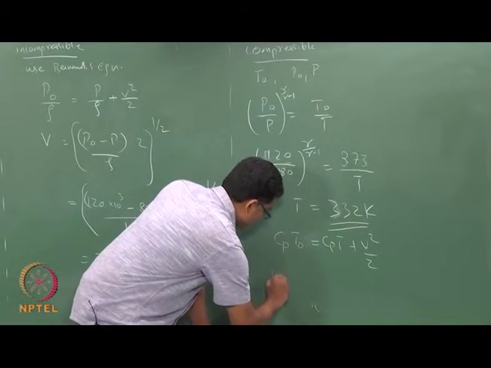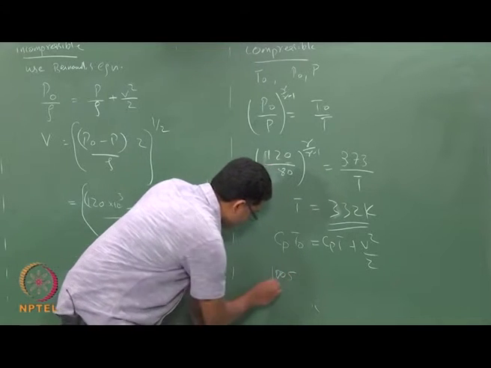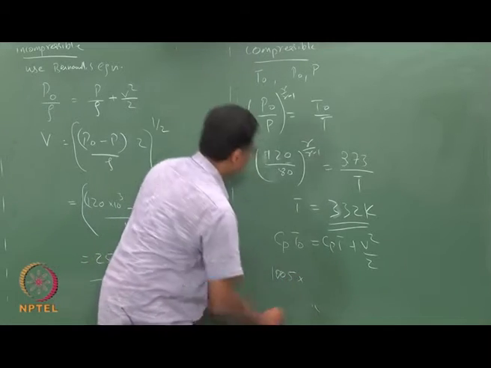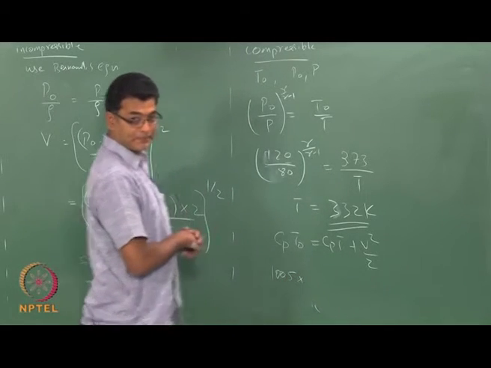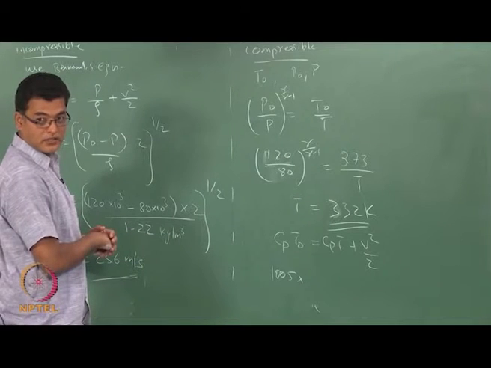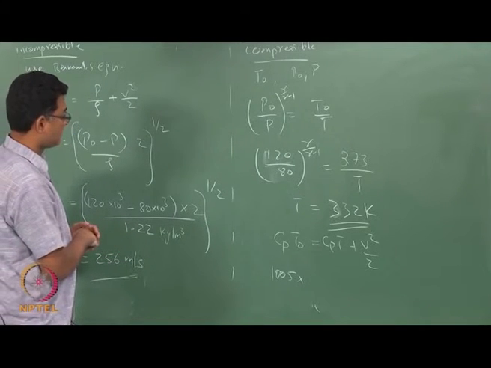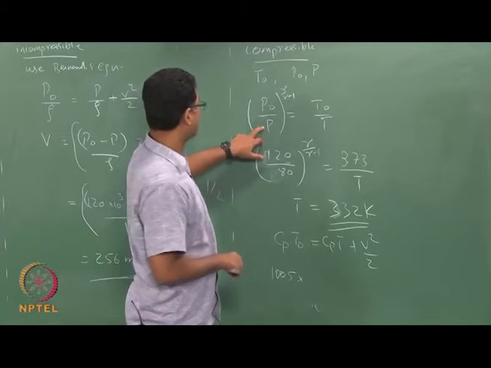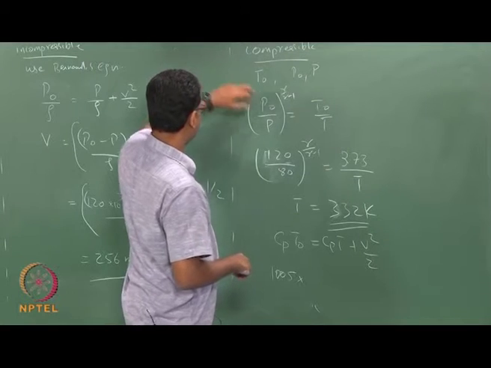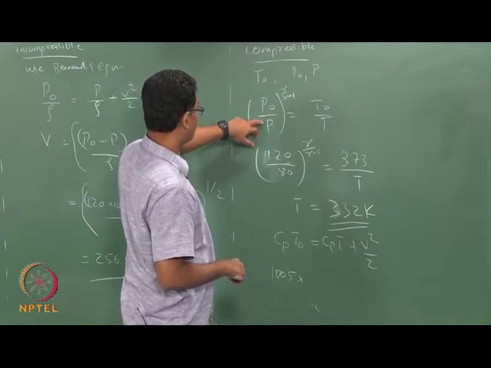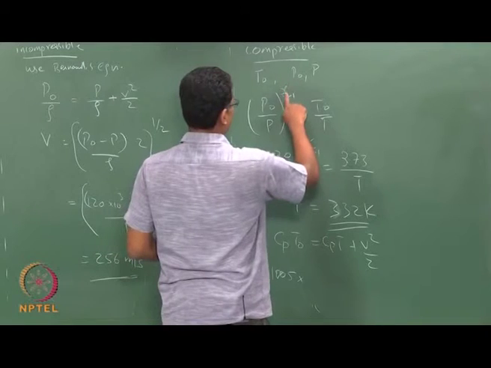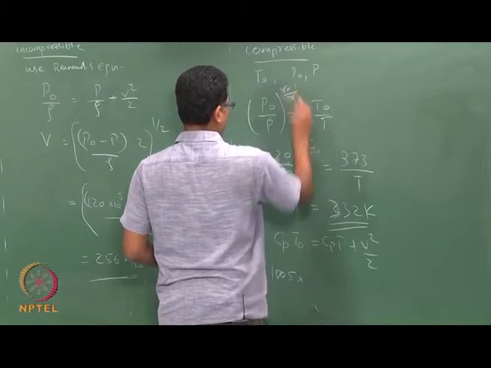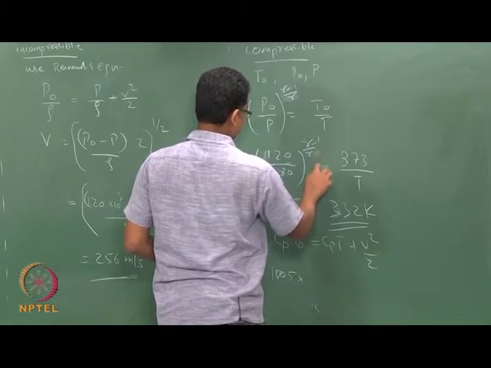So, my Cp is 1005 joule per kg Kelvin into T0, with P naught by P to the power gamma minus 1 by gamma.